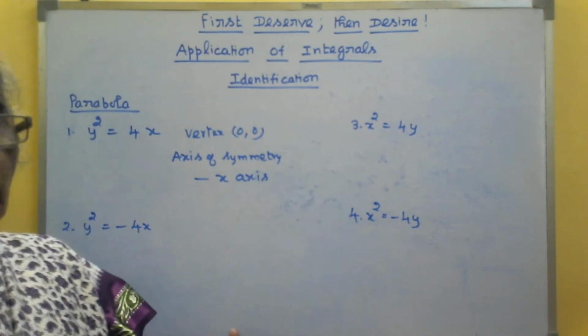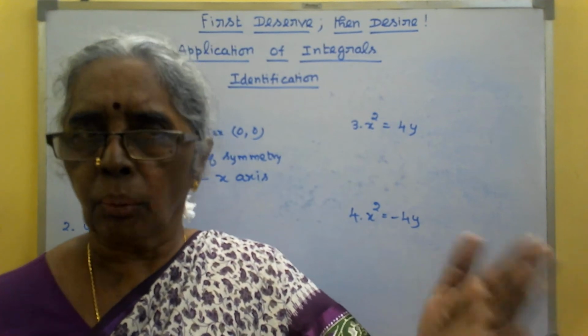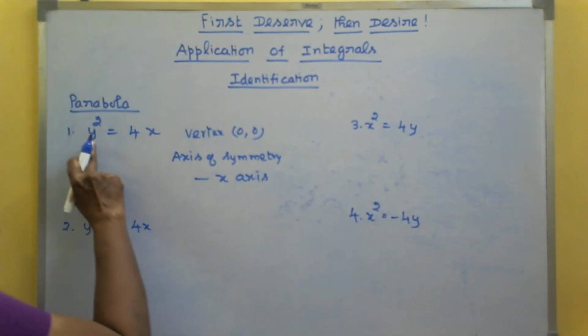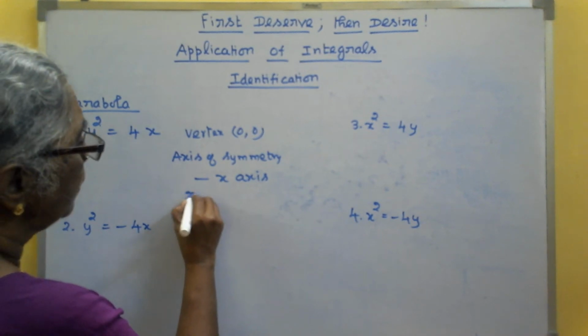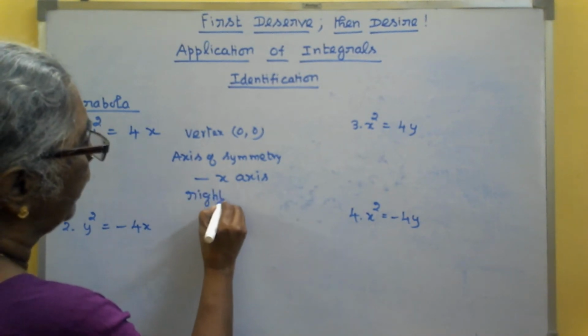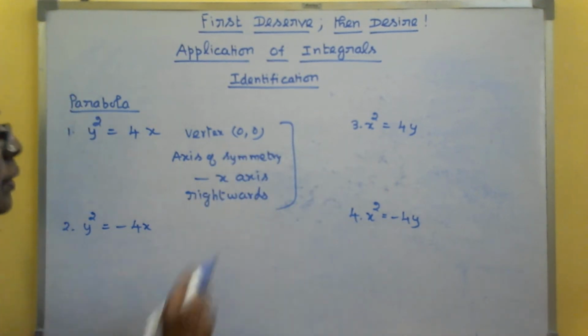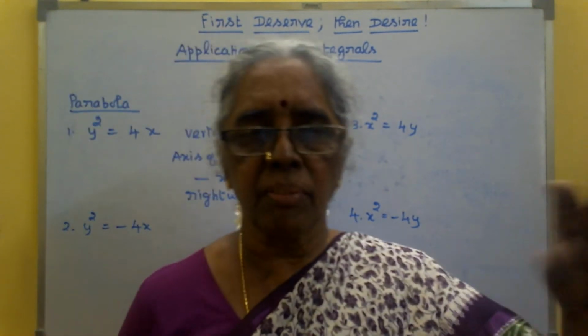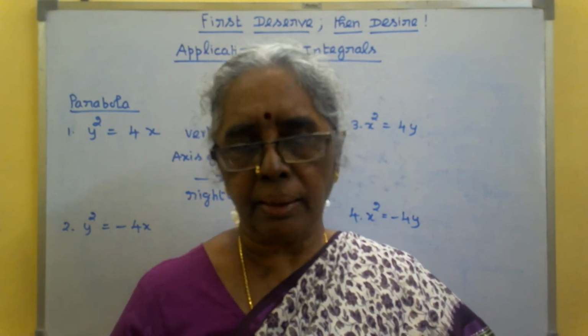Then the third thing you should know is on which side the parabola will open. If you have the equation y squared is equal to 4x, this will open to your right. So it is opening rightwards. So these are the 3 points you should know about a parabola: vertex, axis of symmetry, and on which side it is opening, right?